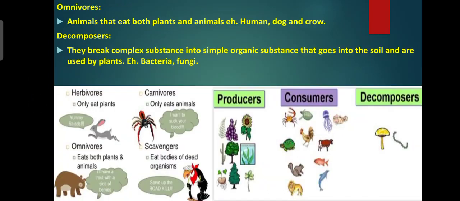The third type of consumers are called omnivorous because they eat both plants and animals for energy. Some common omnivores are pig, crow, and humans. You and everyone you know is a consumer.